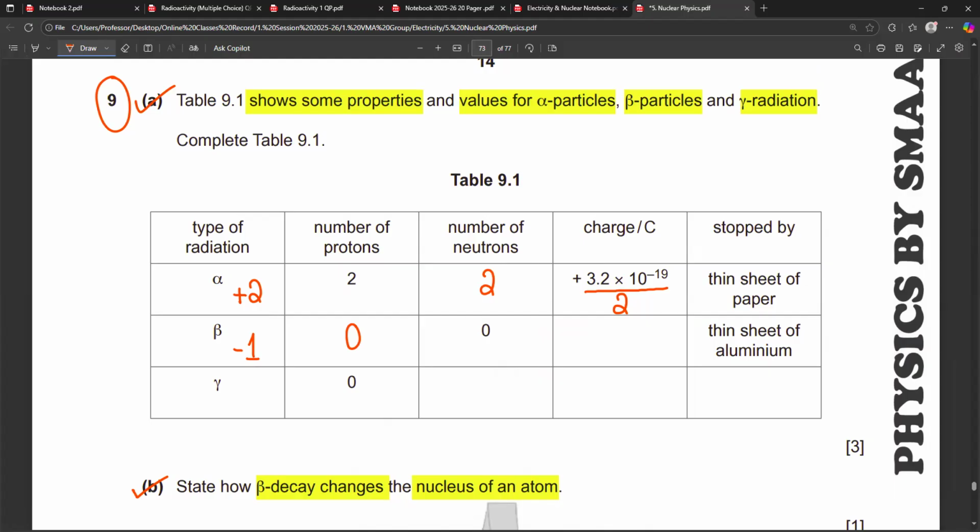So 3.2 × 10^-19 divided by 2 is -1.6 × 10^-19. Correct? Any confusion in this?